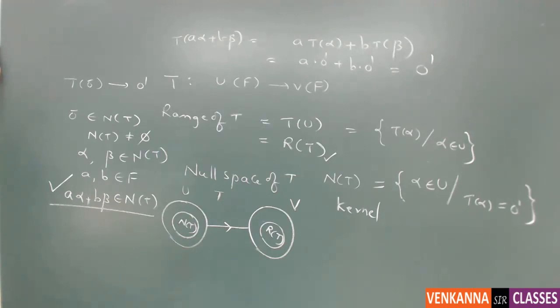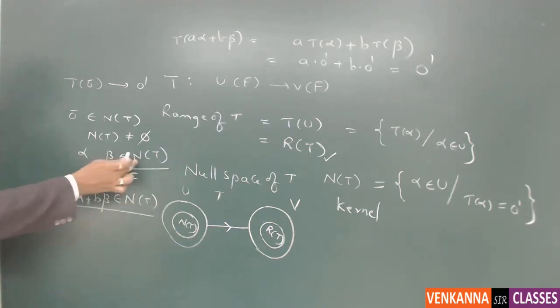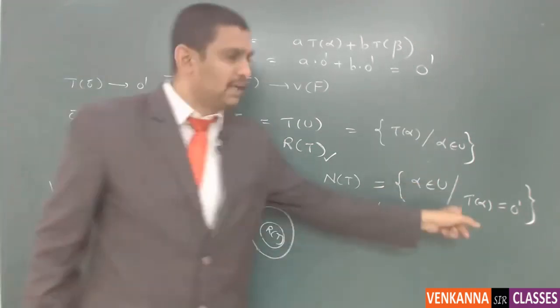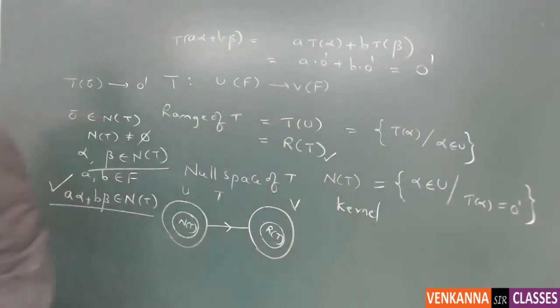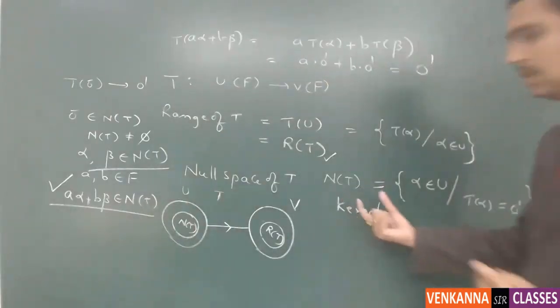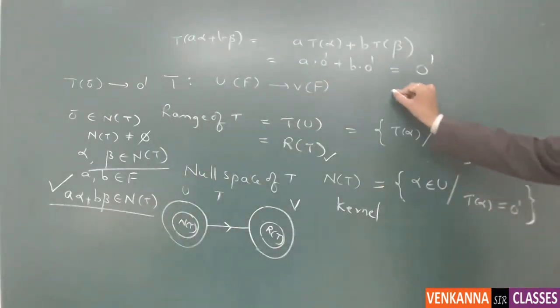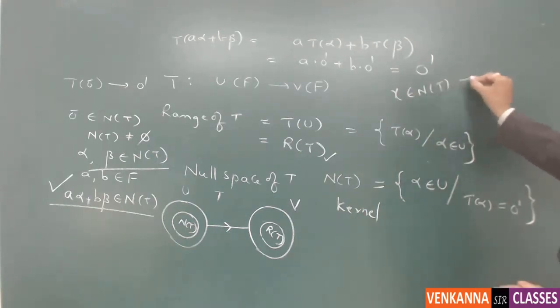T of alpha image is 0 dash because I took alpha, beta in N of T. So T of alpha is 0 dash, T of beta is 0 dash. In a simple manner, in order to understand N of T, we should take that a value x will belong to N of T if and only if its image is 0.